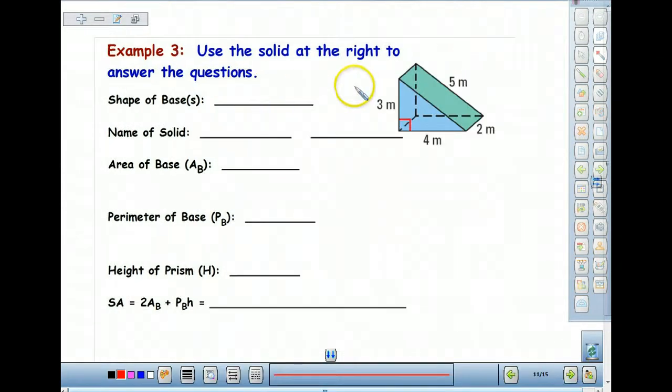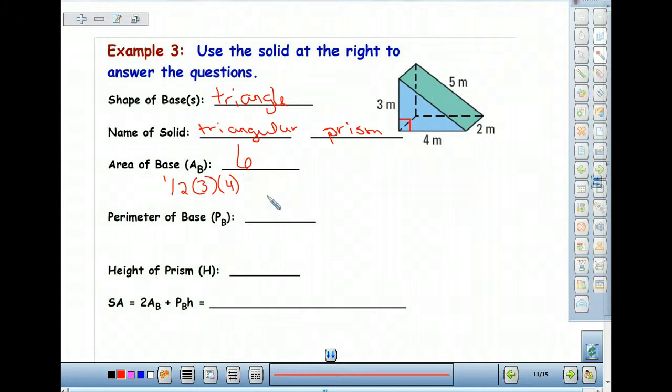Okay. In this case, my base, be very careful what's parallel to each other. In this case, it's my two triangles. So it is a triangular, or in this case, my base is a triangle, which makes it a triangular prism. All right, area of my base. Area of a triangle is 1/2 base times height, or 1/2 times 3 times 4, which gives me 6.